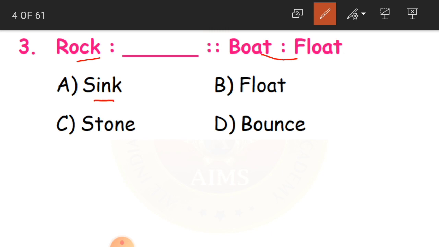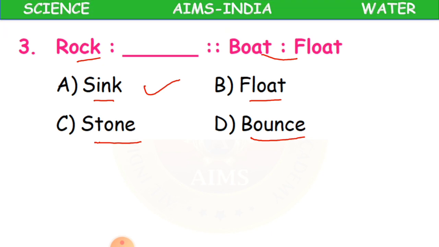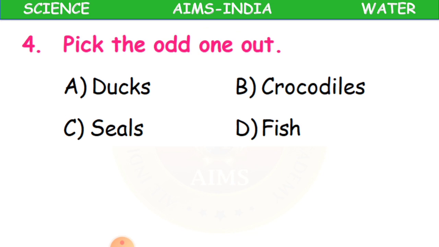Whether it sinks, whether it floats, whether it is a stone or it bounces. So the answer is it sinks. If you have rock in the water, definitely it sinks, because it is of heavy weight. Clear children?